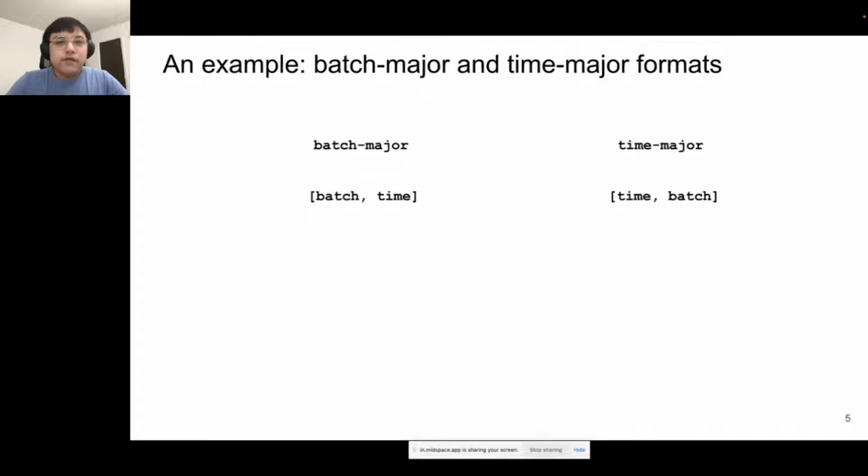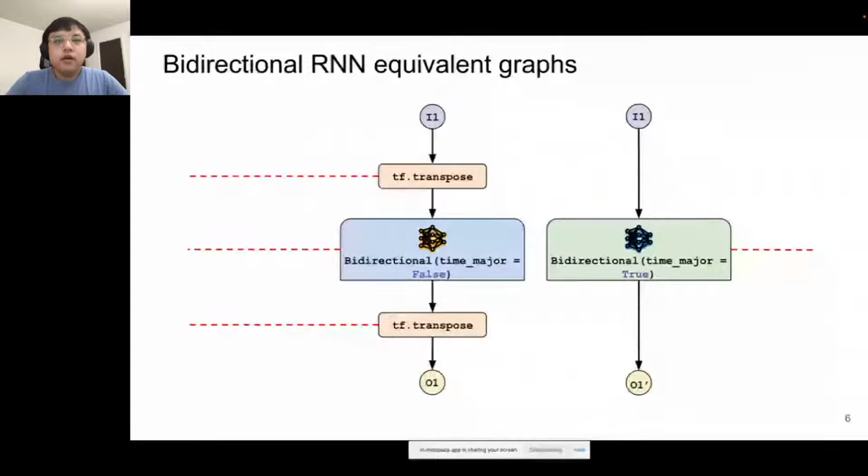For example, given 2 instances of 3-word input, I like dogs and I eat apples, the input can be fed to an RNN in batch major format, I like dogs, I eat apples, or time major format, I I, like eat, dogs apples. Inspired by these 2 input formats, we can build a pair of equivalent graphs. Suppose initially we have time major input.